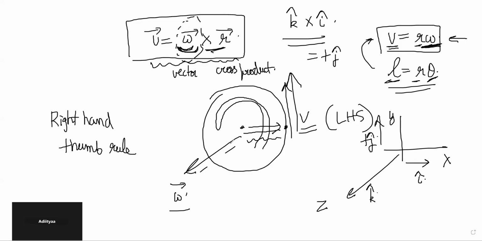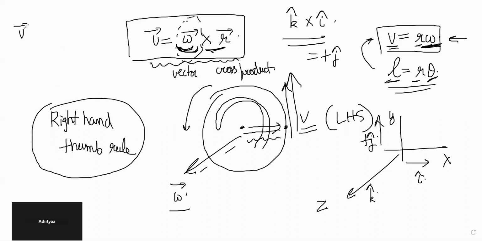Now, in books and all, they might tell you that if it is anti-clockwise rotation, it will point outward. The reason for this is the right hand thumb rule, and the reason is that you need it to be a cross product like this.